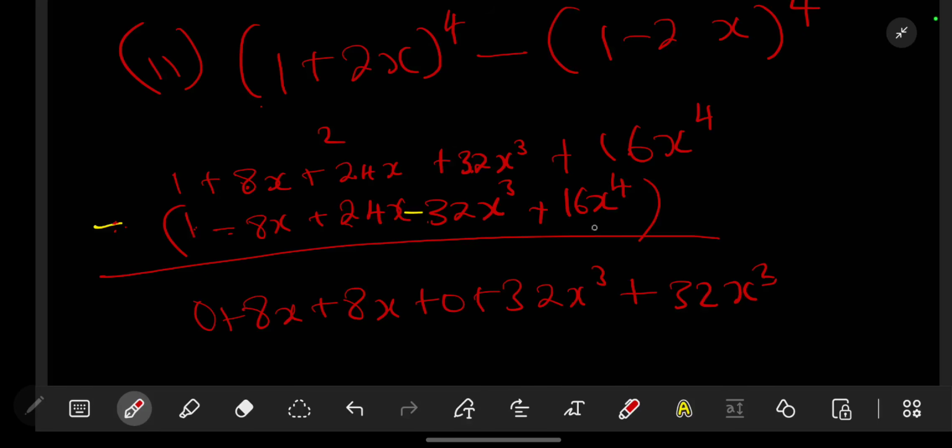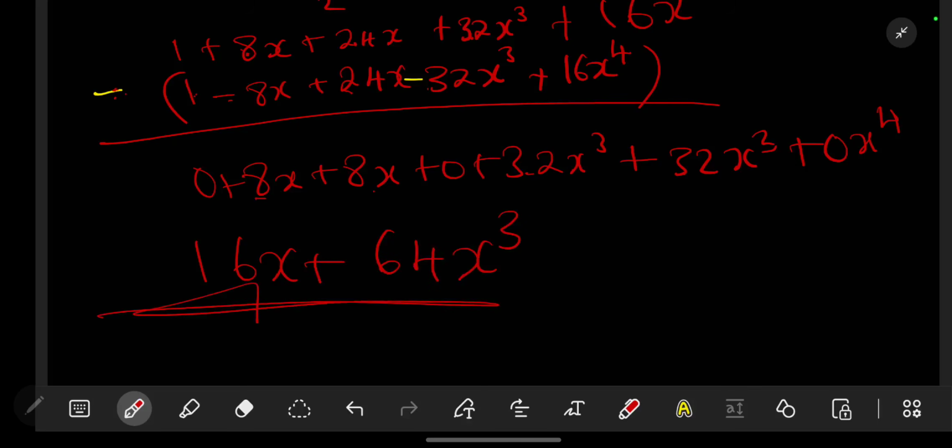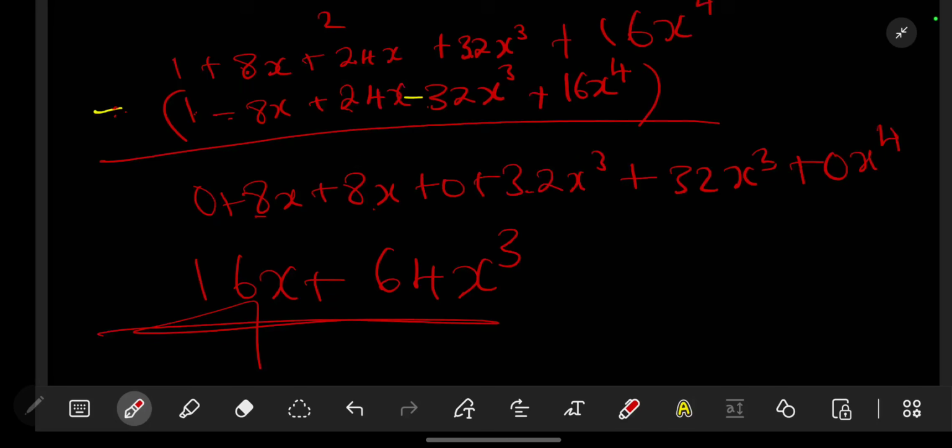Then 16 minus 16 is 0x to the power 4. Then our 8 plus 8 is equal to 16x, like that. 32 plus 32 will be 64x to the power 3. So this is the required answer.